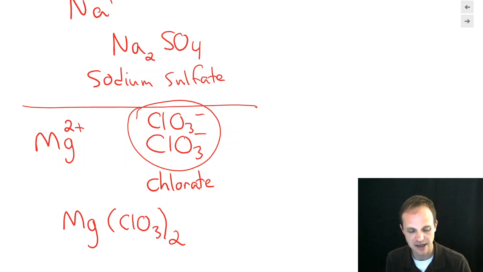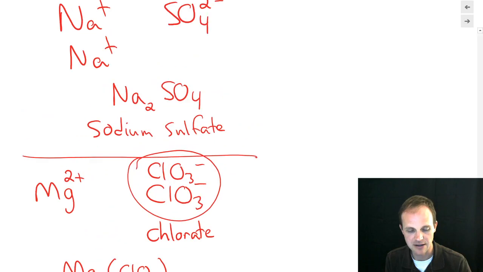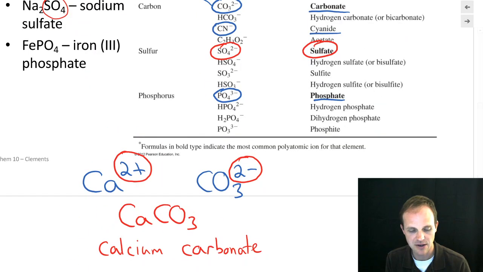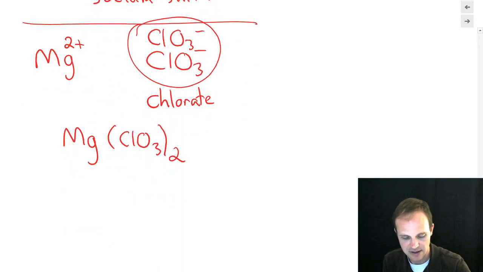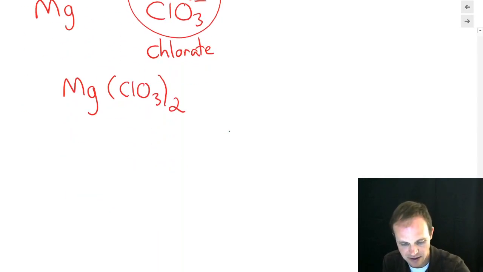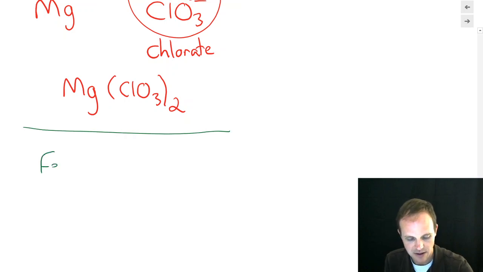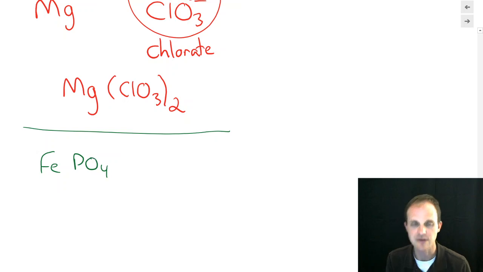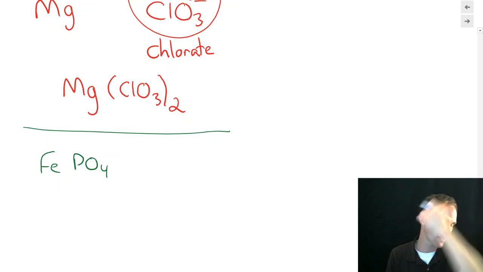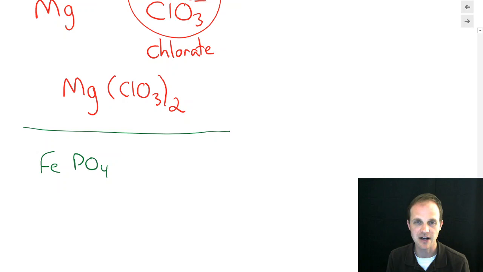Magnesium chlorate. Now, our last example up here that we had was iron and phosphate, FePO4, iron 3 phosphate. Let's go ahead and work that out down here. FePO4, iron 3 phosphate. Well, if you look back up at that table, you're going to find that phosphate has a -3 charge.